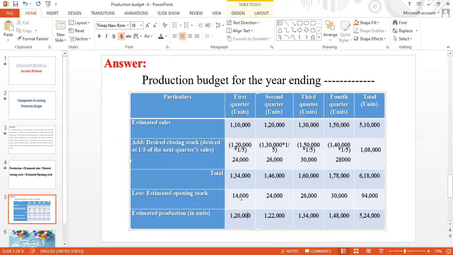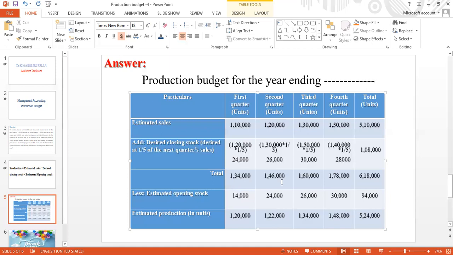Okay, now we can move to the second quarter. The first quarter opening stock is 14,000, right? But we don't know the opening stock for the next quarter. The opening stock of the next quarter is the previous quarter's closing stock, right? So we can see this 24,000 is the opening stock for the second quarter, this 26,000 is the opening stock for the third quarter, and this 30,000 is the opening stock for the fourth quarter.